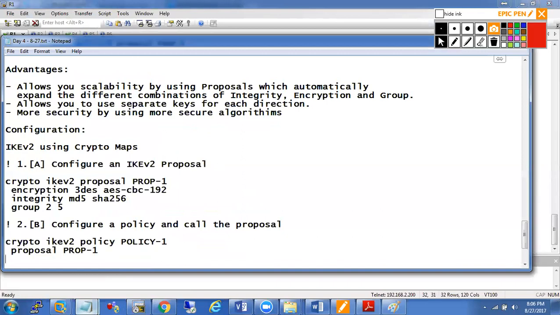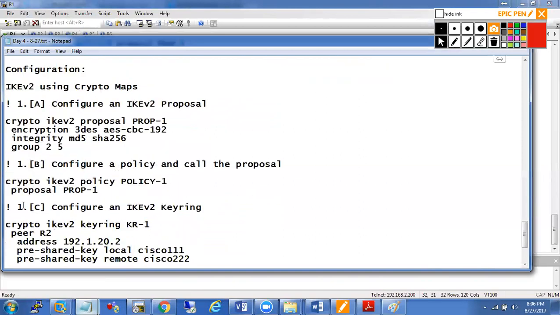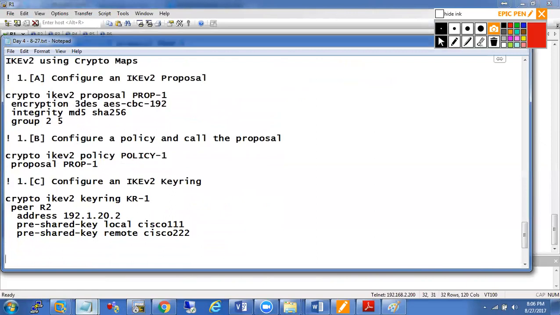So step 3, I would say 1C over here, because it's still in step 1. Configure an IKE v2 keyring. That's how you do it. Any questions, guys, over here?